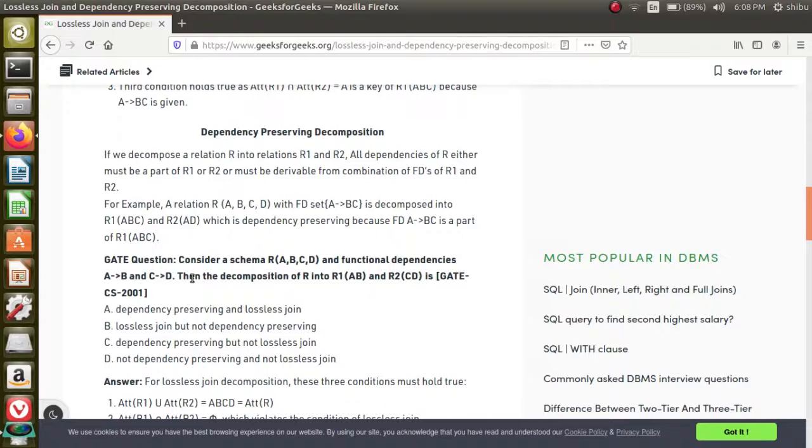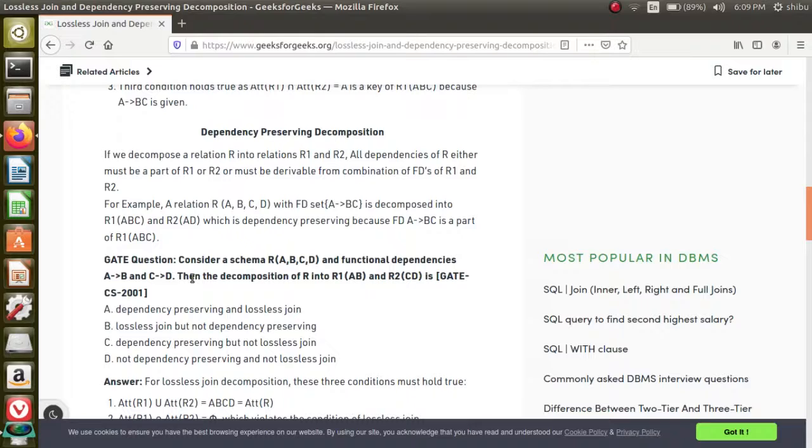That means if you have a number of dependencies and you are splitting into different tables, then those dependencies should be preserved. That means they should exist in one of the tables, or we should be able to derive them from these set of tables. They must be derivable from the combination of functional dependencies of R1 and R2.